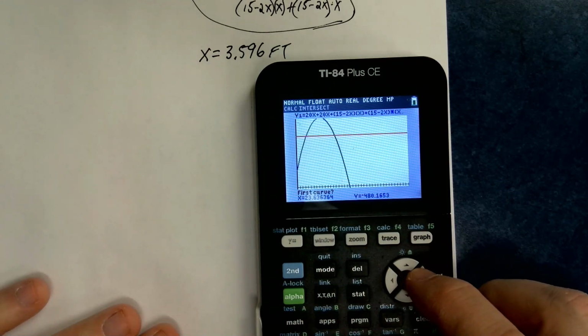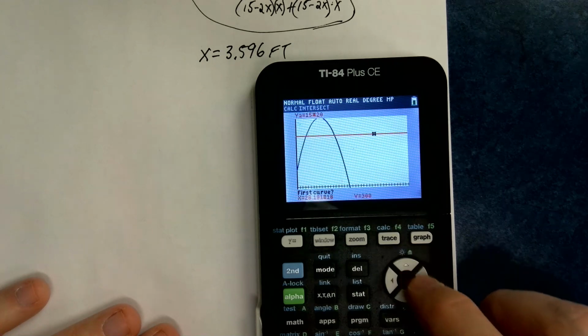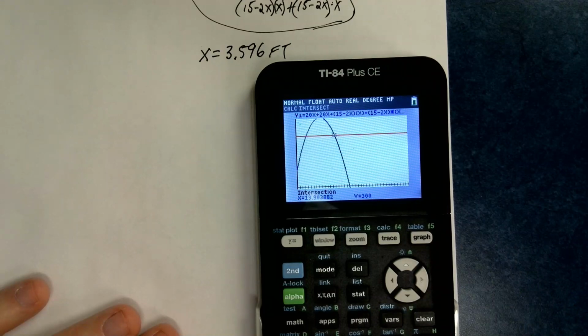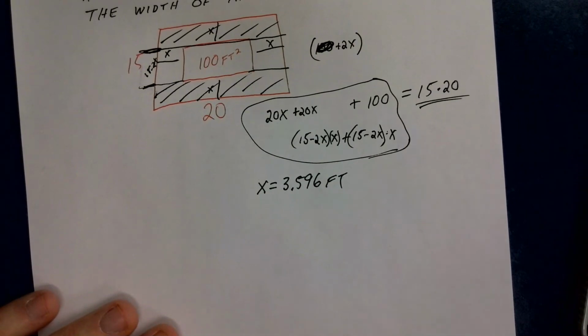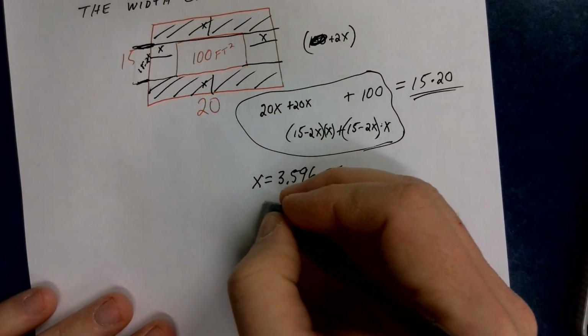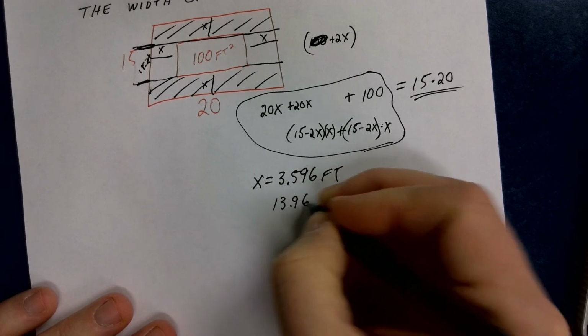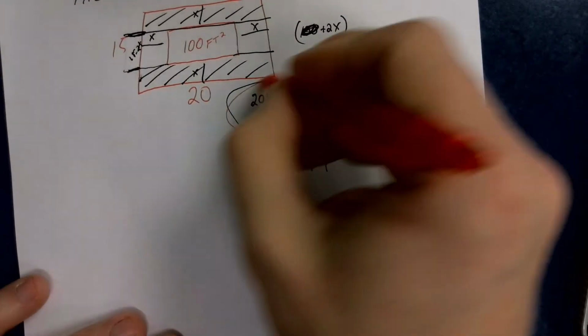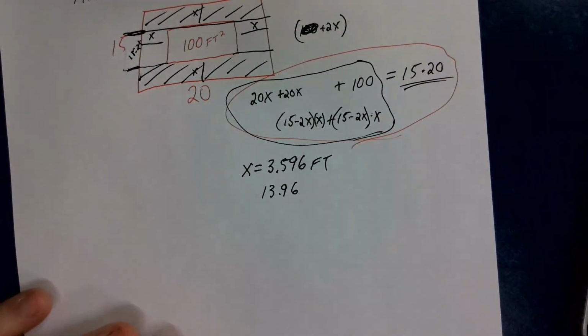Move my cursor closer to that point, like this. Enter, enter, enter. And I get another one at 13.96. And I write that down because that's another, no, I don't, right? 13.96 works for all this algebra, 100%.